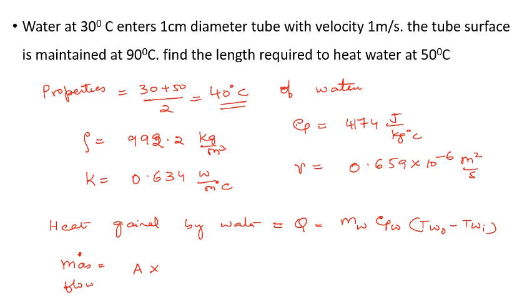Mass flow rate can be found out by area into, here this area is not the surface area, it is the cross-sectional area, because whenever we are talking about the flow, it flows through a particular cross section, not the surface.